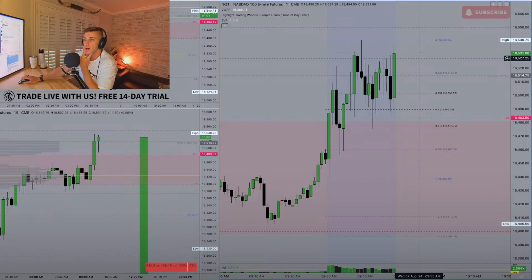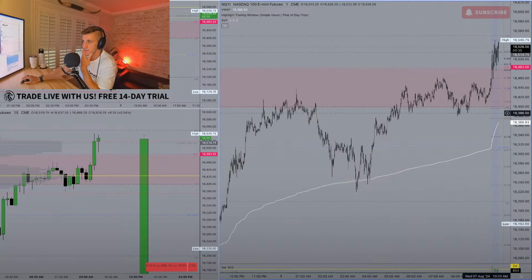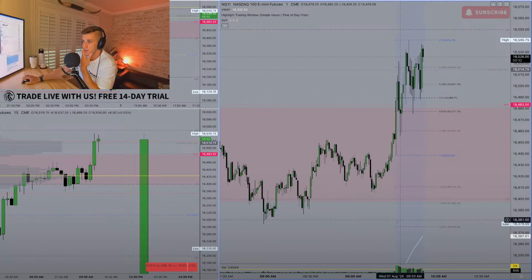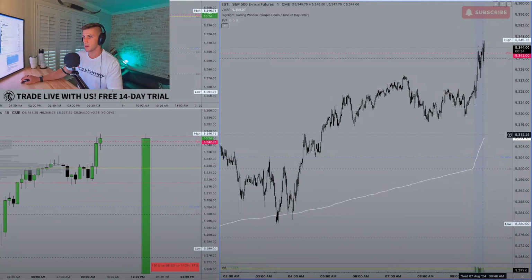No new high over at NQ just yet. VWAP is way down there. ES, VWAP, yeah, way down there.